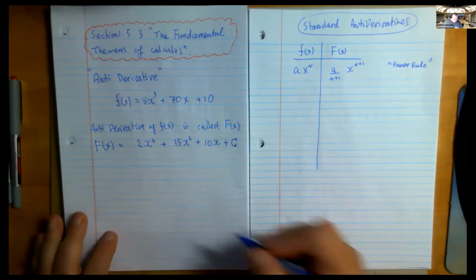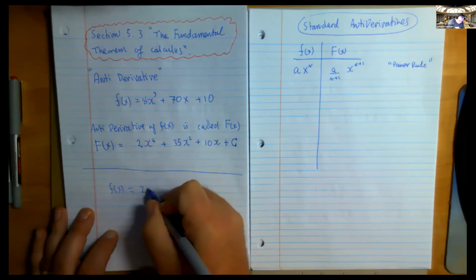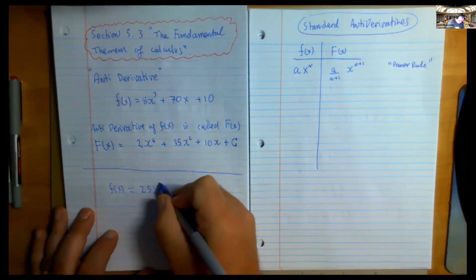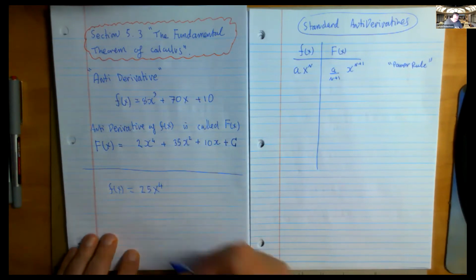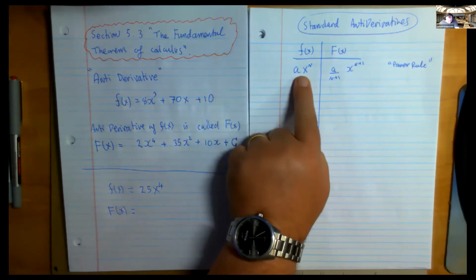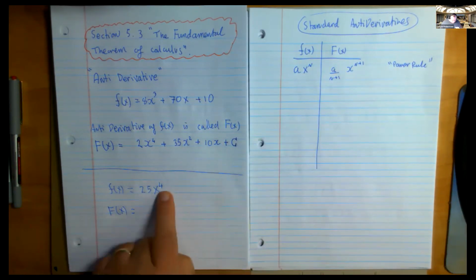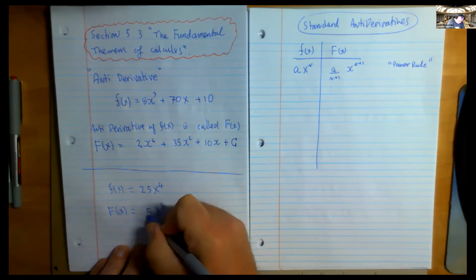So let's use that as an example. Suppose I wanted to find the antiderivative of this guy here. You'd add 1 to the power. You then divide by the new power.